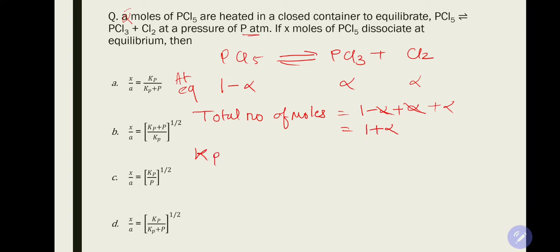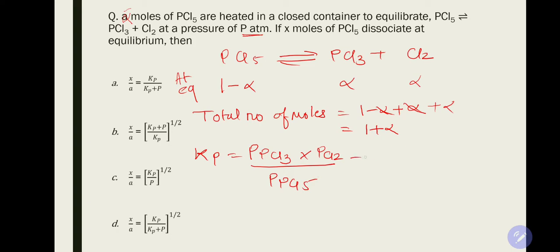Now pressure is given, so you have to find the partial pressures. Kp is the partial pressure of the product upon the partial pressure of the reactant, so that will be partial pressure of PCl3 into partial pressure of Cl2 upon partial pressure of PCl5.